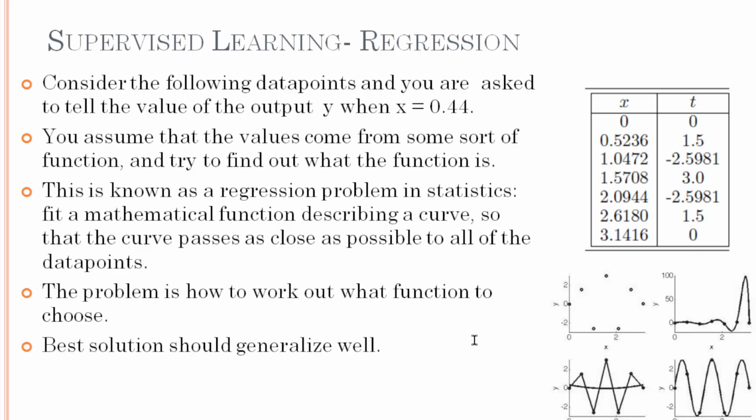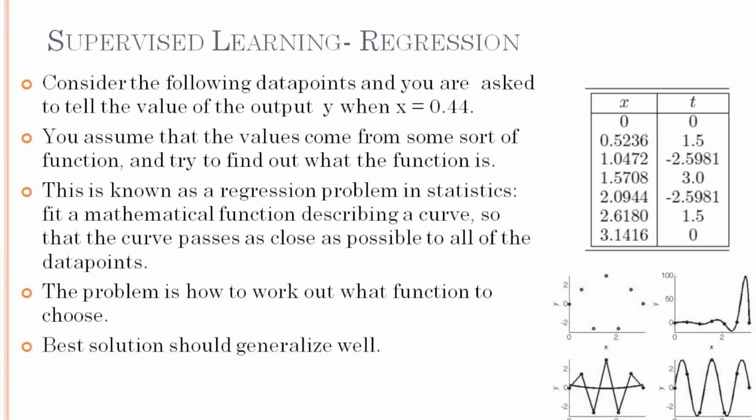Supervised learning has two types. The first type is called regression. Consider the following data points and you are asked to tell what is the value of output y when x is equal to 0.44.